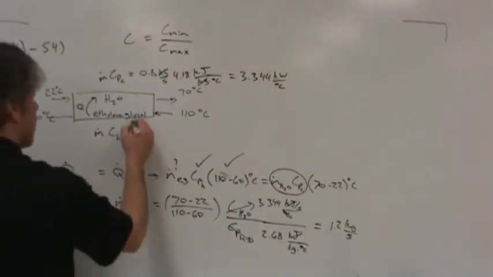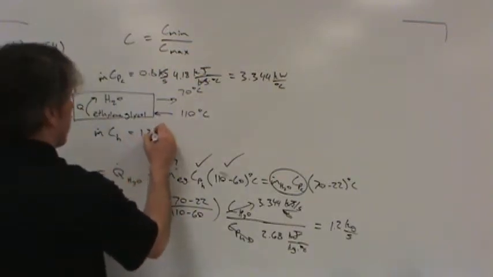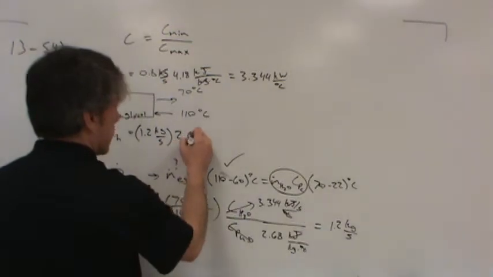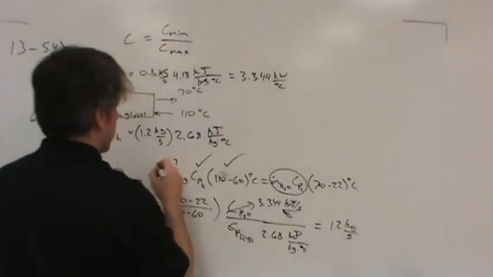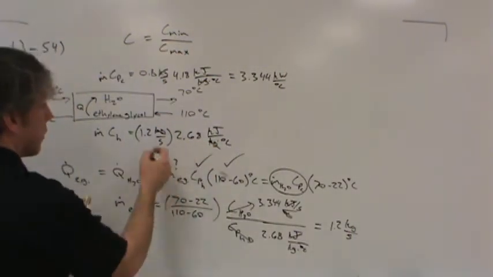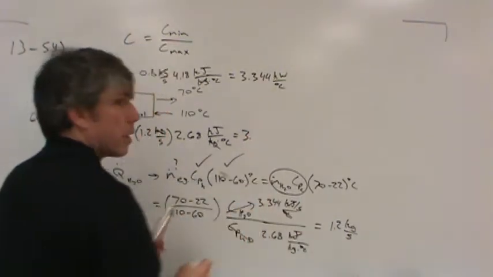Okay. So now let's calculate the capacity rate on the hot side. So 1.2 kilograms per second multiplied by the heat capacity, 2.68 kilojoules per kilogram per degree Celsius. Kilograms go away again, we'll have kilowatts. What's the capacity rate? I remember it was 3 point something.